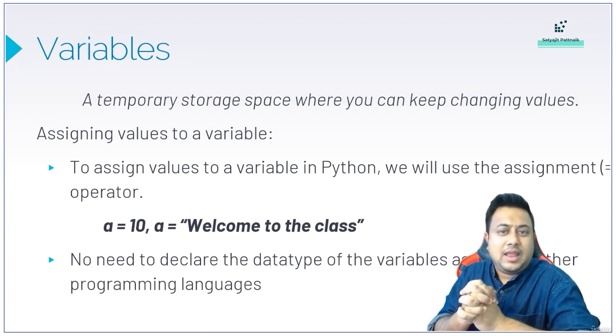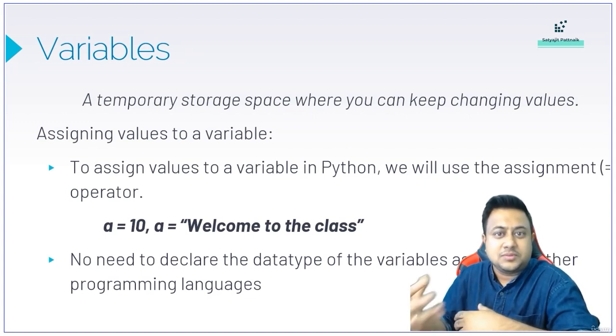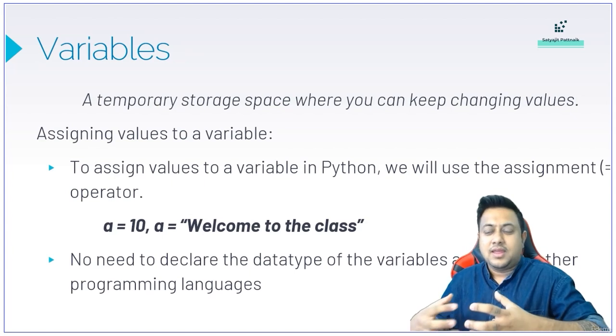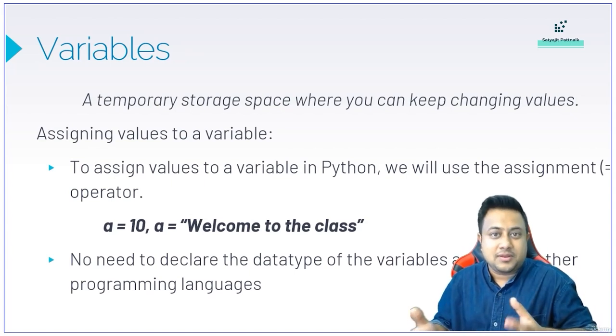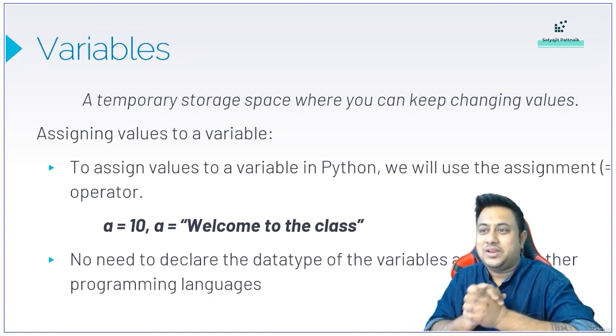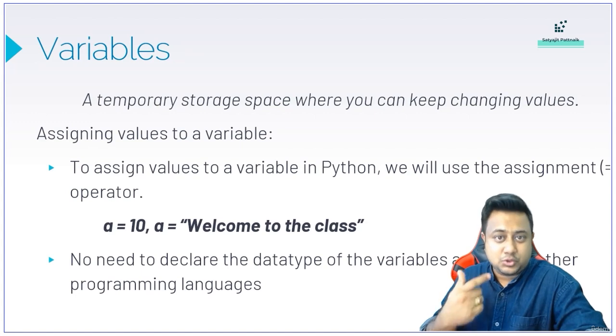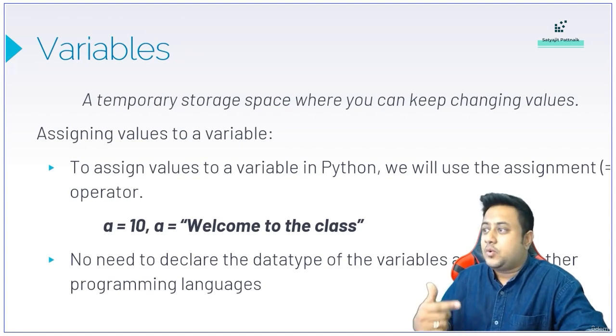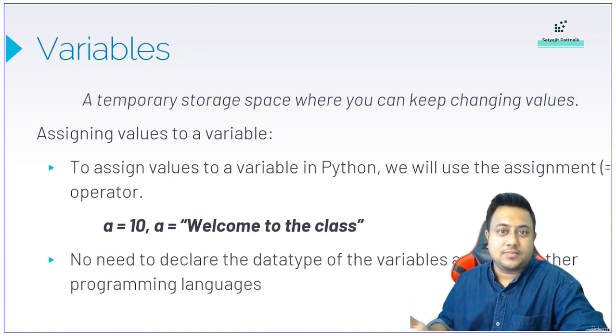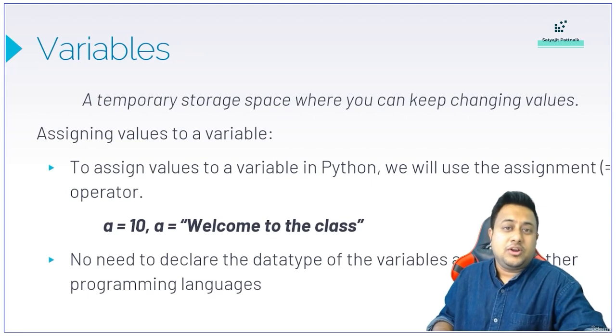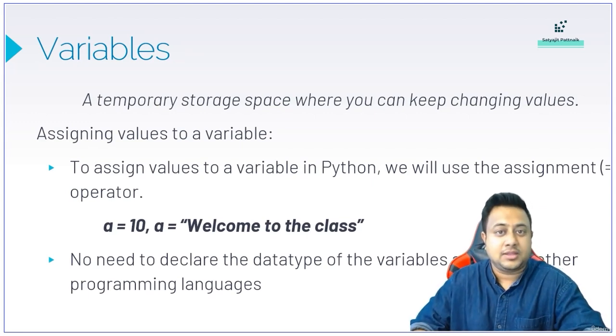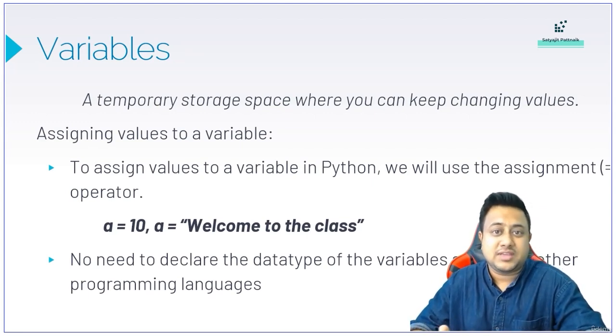See, the programming language is going to be super simple. When it comes to Python, the explanation will be even simpler. But theoretically, a variable is nothing but a temporary storage space where you can keep changing values. Let's say you want to define your name in Python. Your name is XYZ.